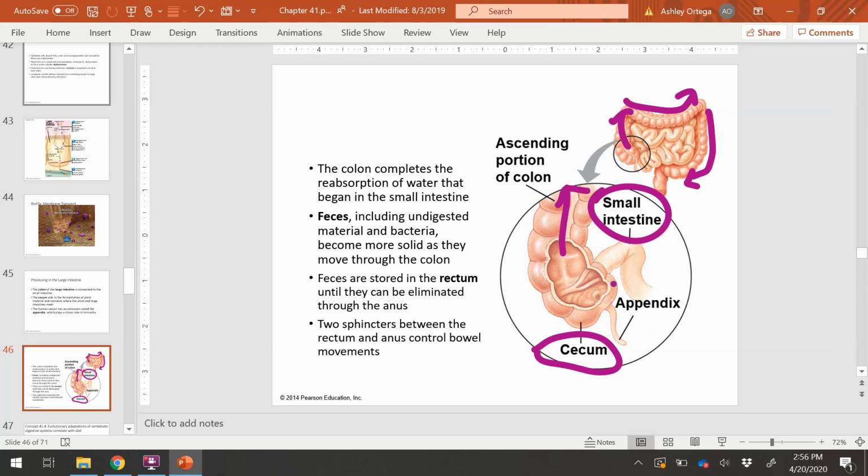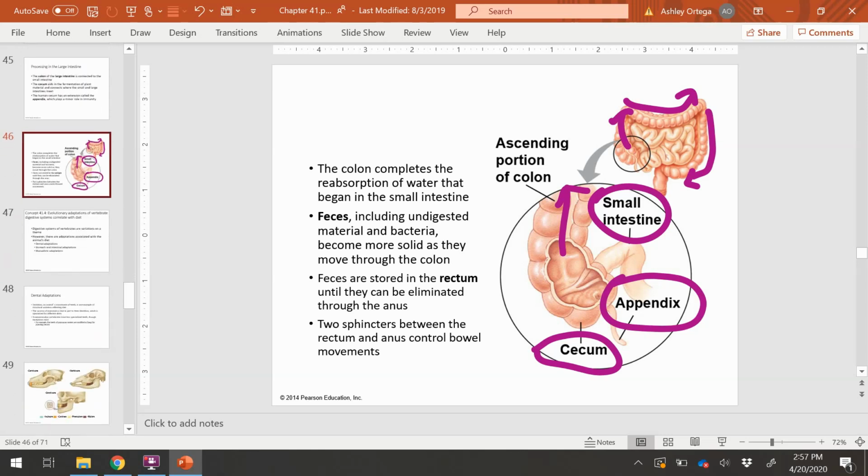And then here you can also see the appendix. The appendix has some minor role in immunity, but most people are familiar with appendixes that become infected or inflamed, resulting in a large pain in the lower right side of the body, and they can be removed without any significant loss of function in the digestive system.